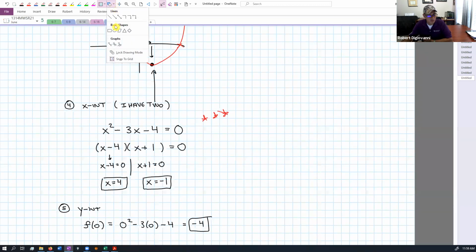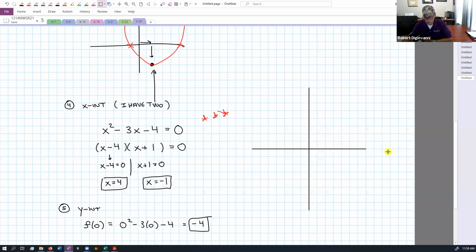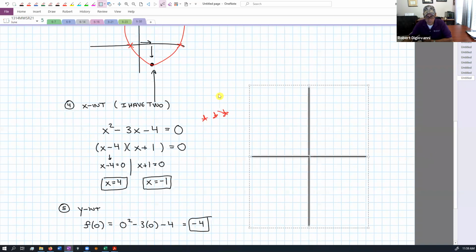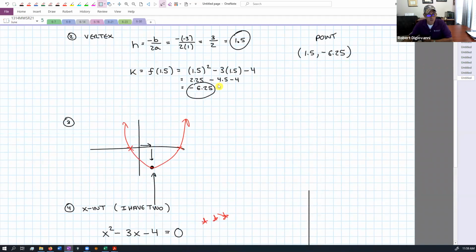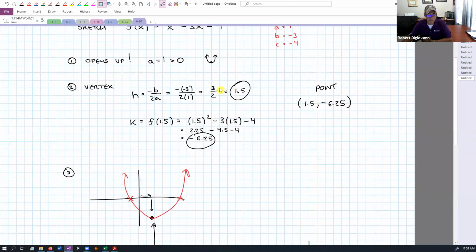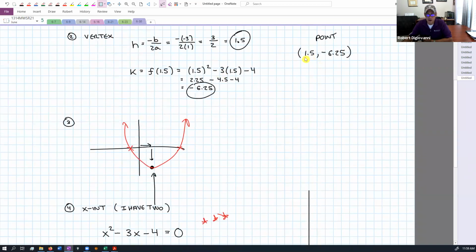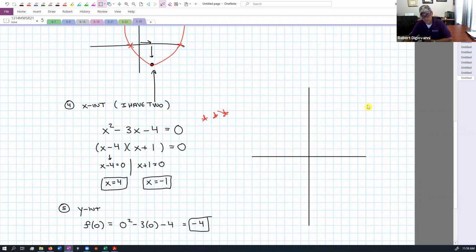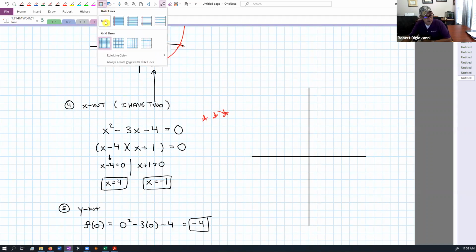It's time to put it all together. I'll try and do it right here so I can fit it all onto one page. All right, so the way I'm going to do this is I am going to start by putting my vertex. I go to the right 1.5 and down 6.25. So let me make this a little bit bigger.